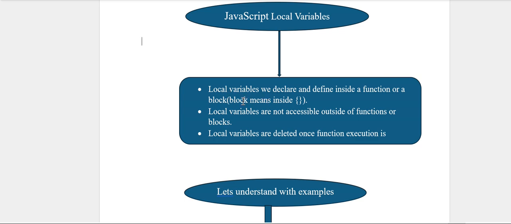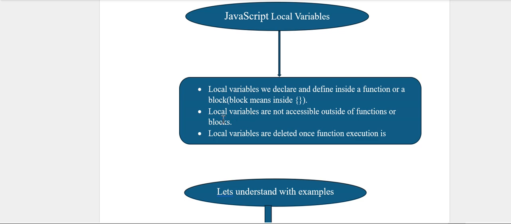First, the definition: local variables are declared and defined inside a function or inside a block, meaning curly braces. Whatever variable you declare inside the curly braces cannot be used outside of those curly braces.